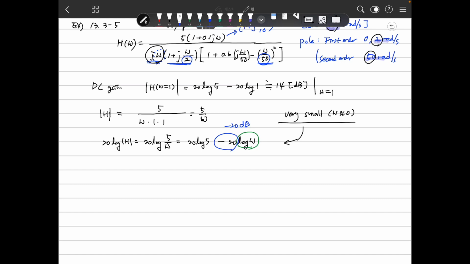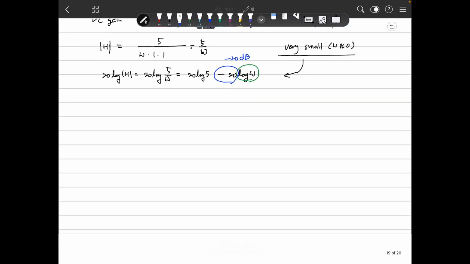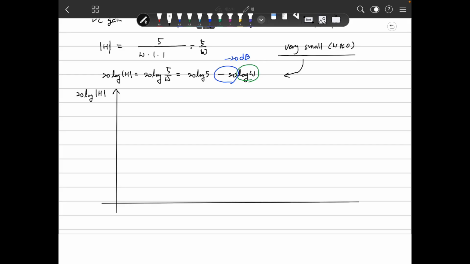Then we have more frequencies: 2 radian per sec and 50 radian per sec, and we have the zero at 10 radian per sec. So we can draw something like that. This is the frequency axis, and this is the magnitude, 20 log H, and this is log omega.